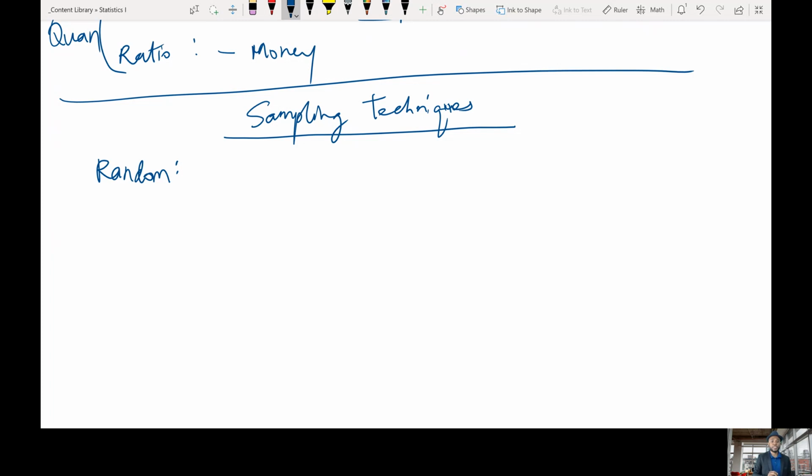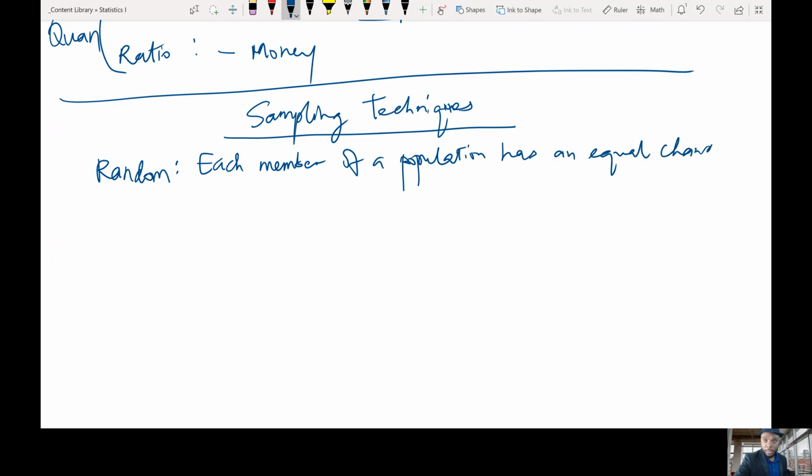Now, when we say something is random here, what we are saying is that each member of a population has an equal chance of being selected in the sample.